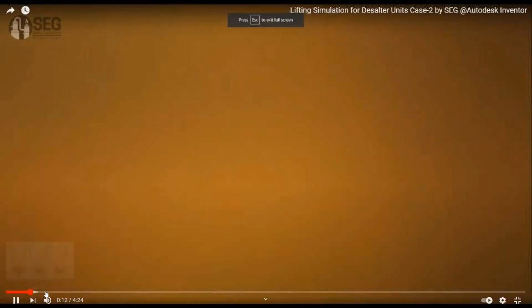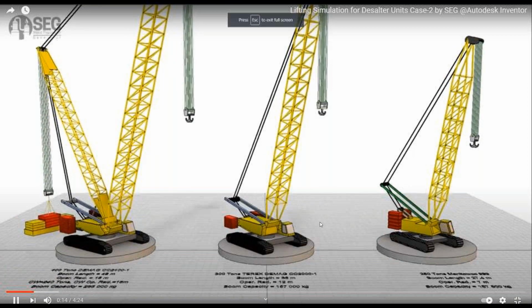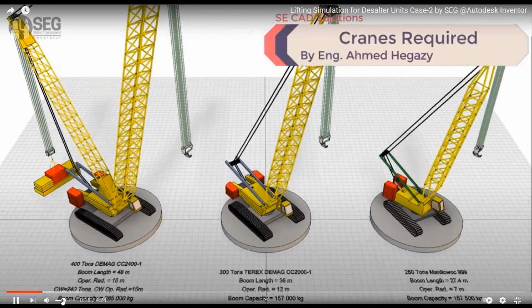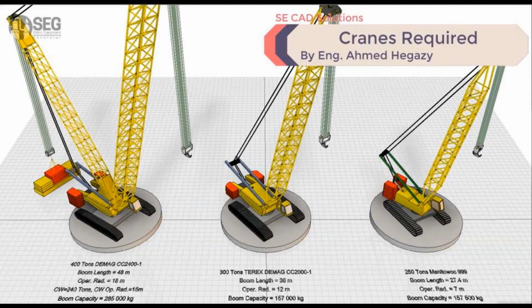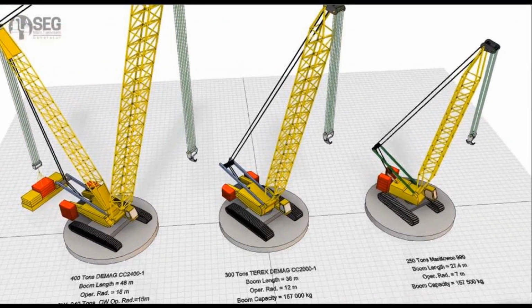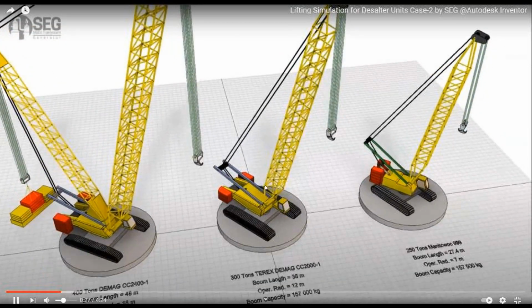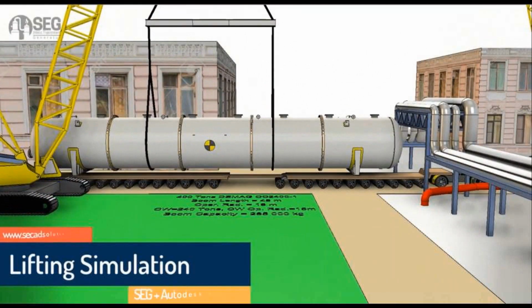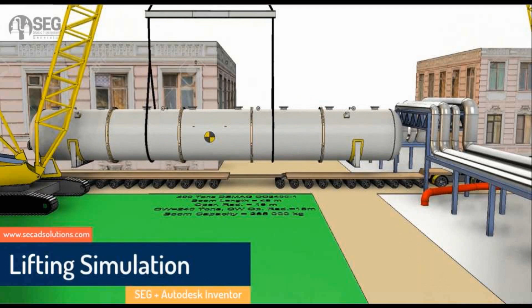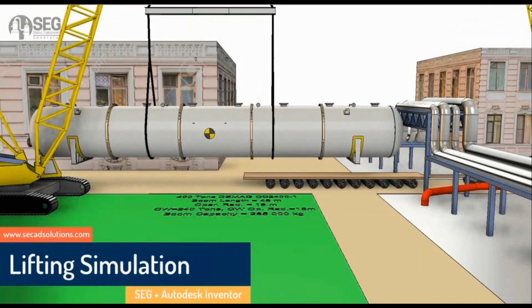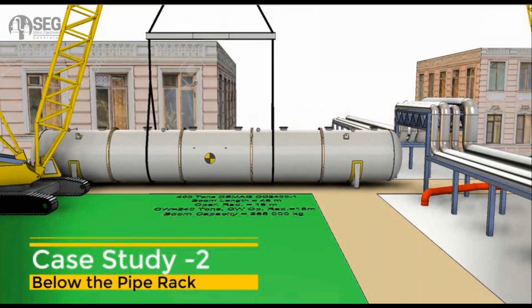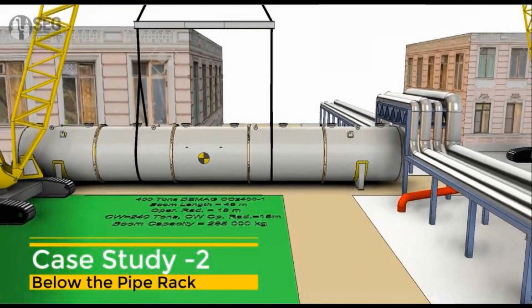Here, by using the helper, we make this simulation, and the helper includes some standard cranes for DMAG, TRX, and Mantok companies. And here, by using this, we make some simulations for real cases. That's a desalter unit with 5 meters diameter and 40 meters length.